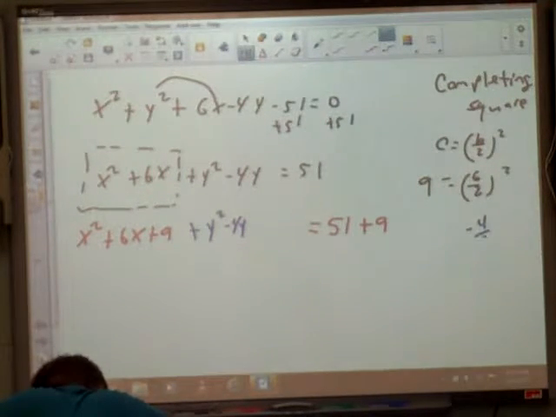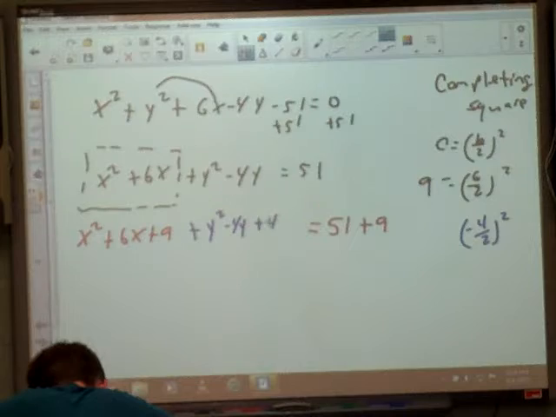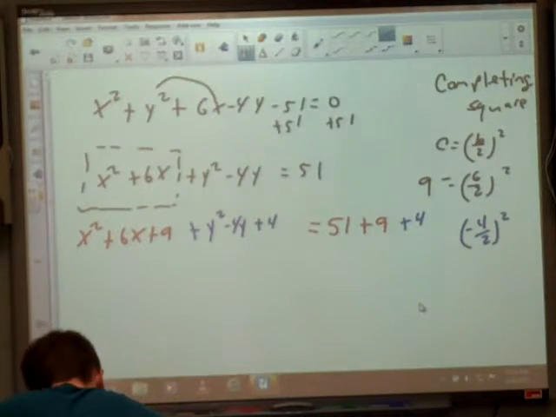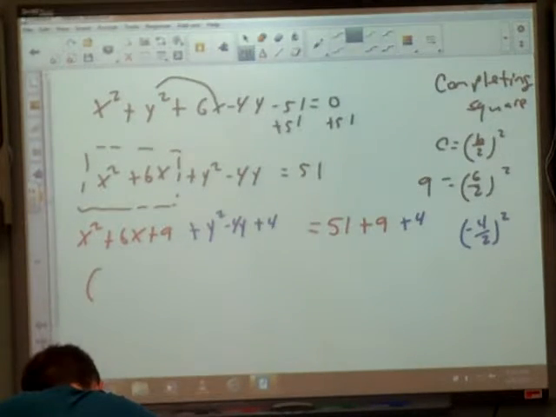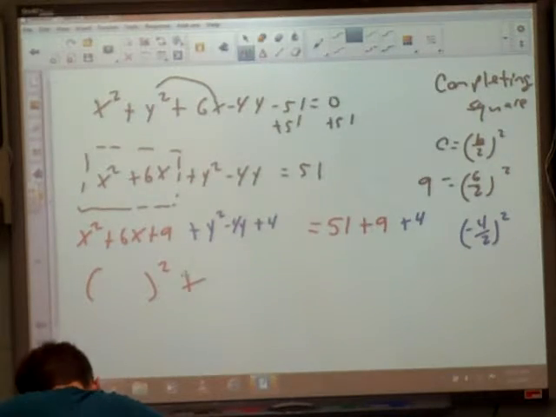If I halve that, I get negative 2, and when I square negative 2, I get 4. If I add 4 there, I've got to add 4 to the other side. The purpose in doing all that is that we're trying to get it into something that looks like that.